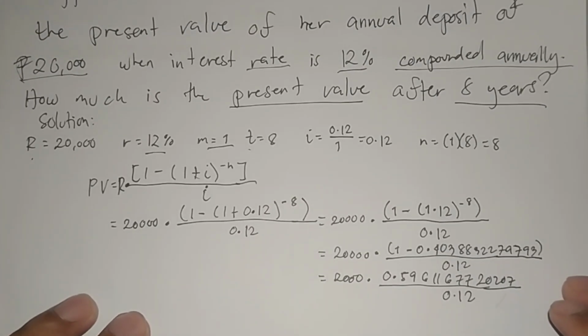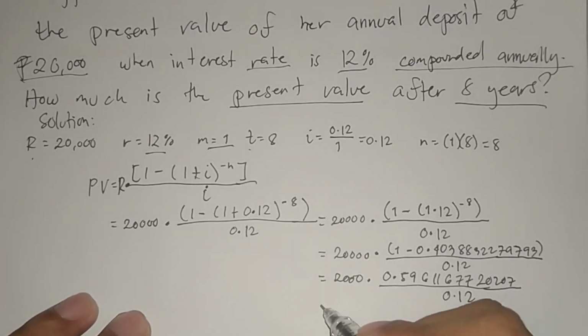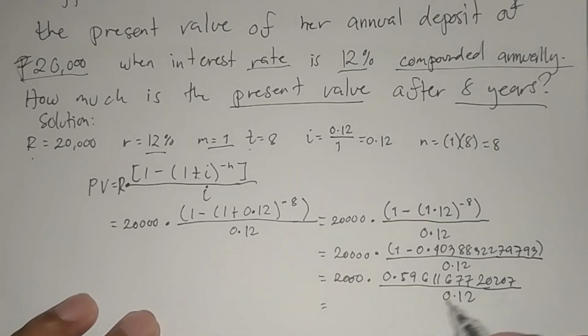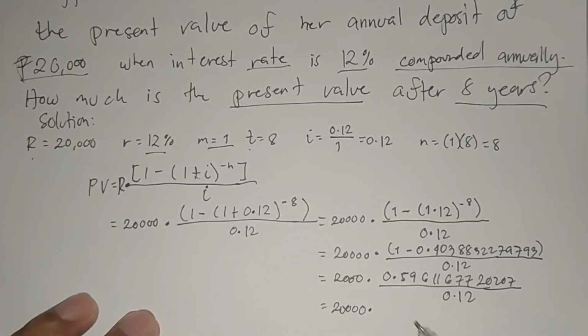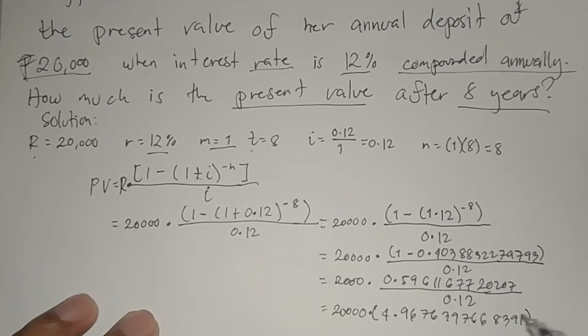Okay, and next is division. So we will divide these two. So copy the 20,000. 0.59 divided by 0.12 will result to 4.9676397668391.